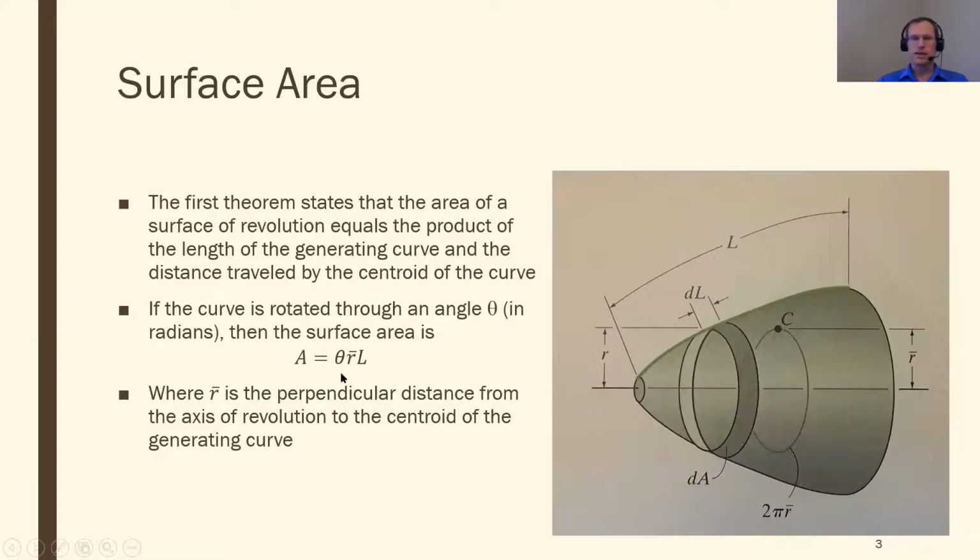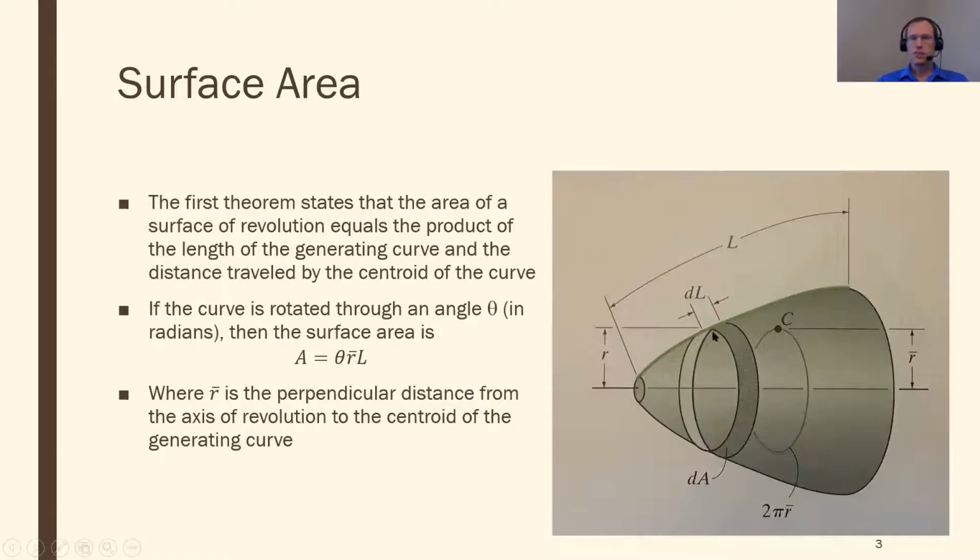This angle has to be in radians, so 360 degrees is 2 pi, all the way around the circle. Then R bar is the centroid, wherever the centroid is located perpendicularly from the axis, and I multiply that by the length of this line. Those three multiplied together simply gives me the area. Like I said, no integration involved once I know the centroid.